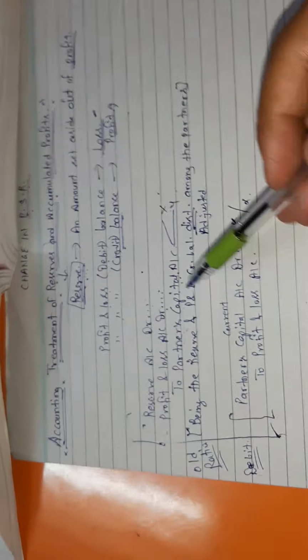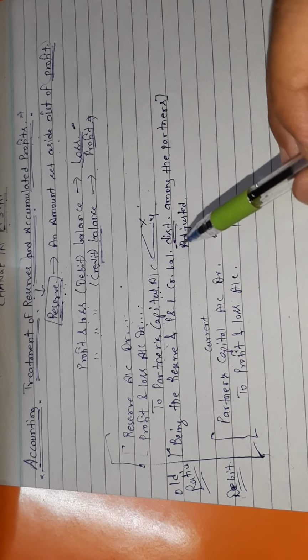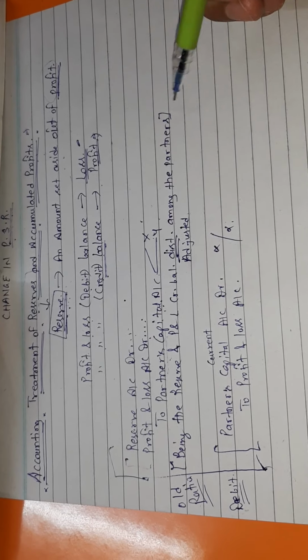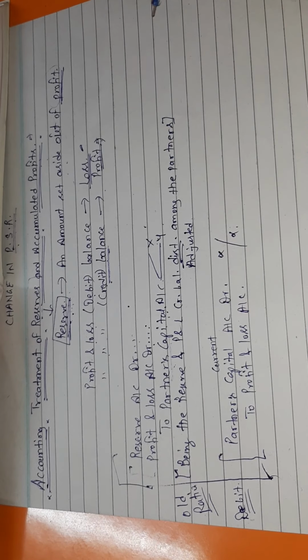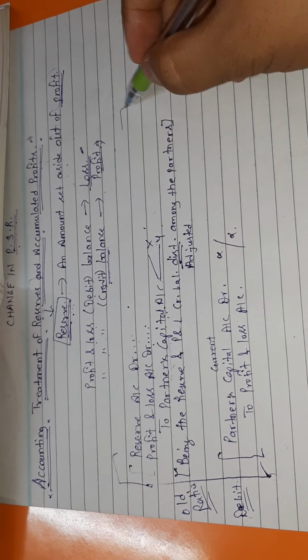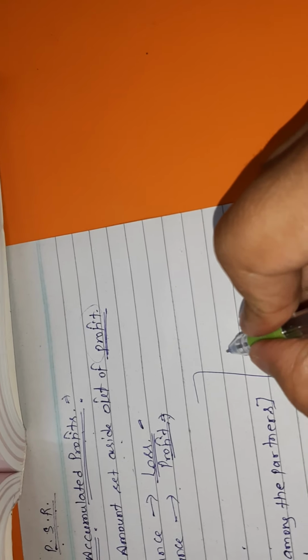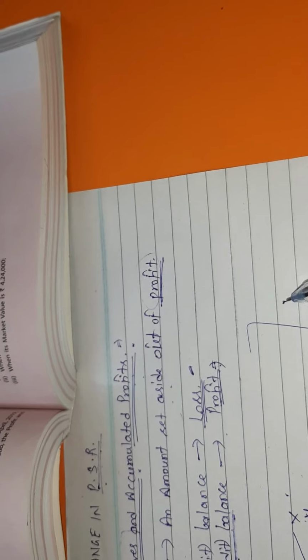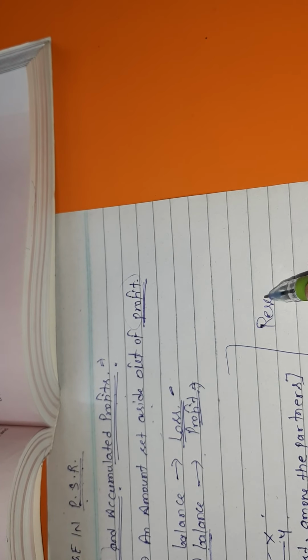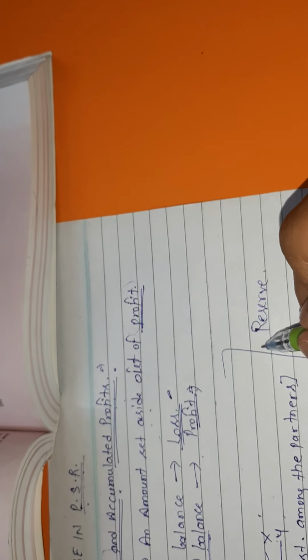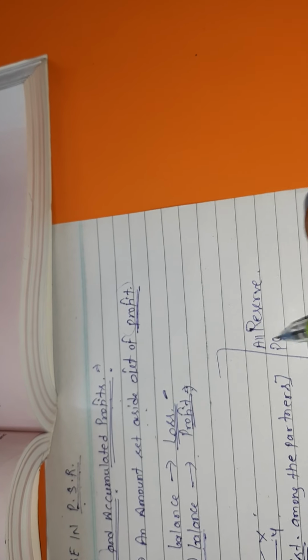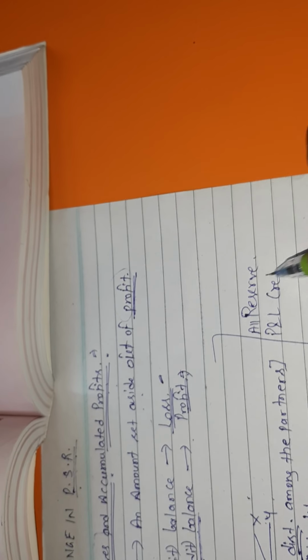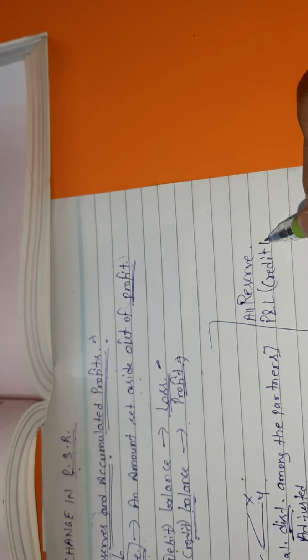So what I told you earlier is in case the question says you have to pass only a general entry. But when you have to pass a single entry, then what do you have to do? You have to first write all the appropriations, means all the reserves which the company has, and the profit and loss credit balance. Which balance? Credit balance.